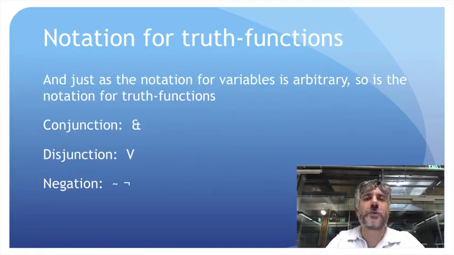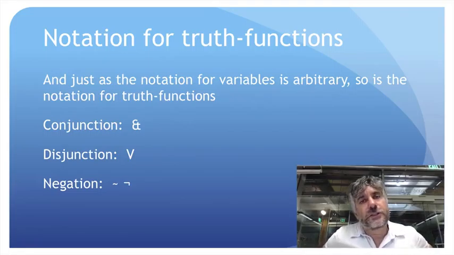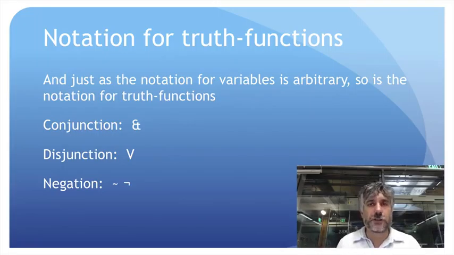Notice, just as we have Roman letters serving as notation for variables, we also have notation to express truth functions. For instance, in the last lecture I introduced the truth functional connective conjunction, and normally we express conjunction using this ampersand right here.